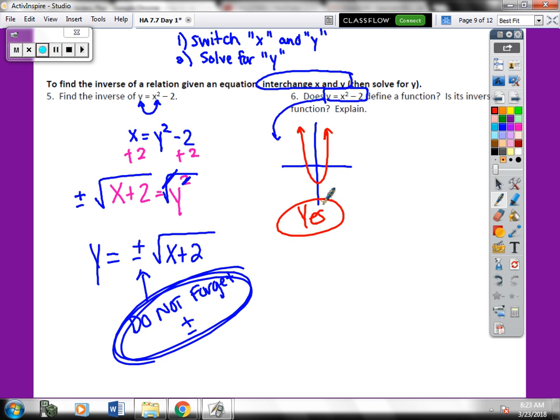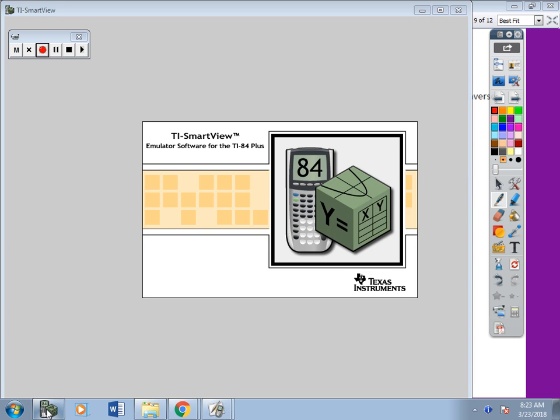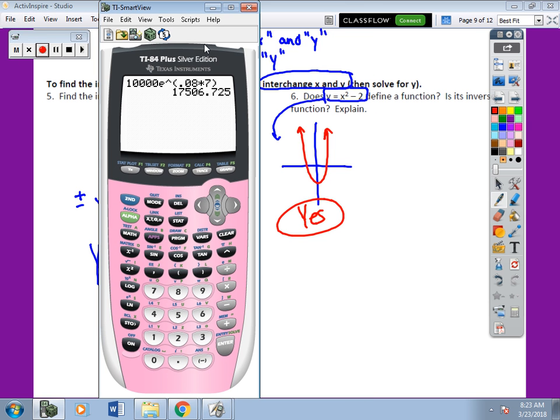Now the inverse, and you guys don't know what these look like yet, so let's take a look with our graphing calculators. Remember, they are going to be reflected about the line y equals x, but let's take a look graphically. So go to your y equals button, clear out anything you have in there.